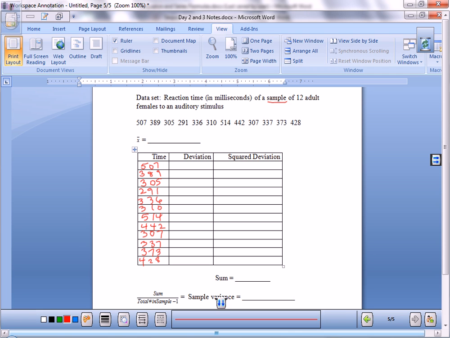All right, please go ahead and enter our data. 507.